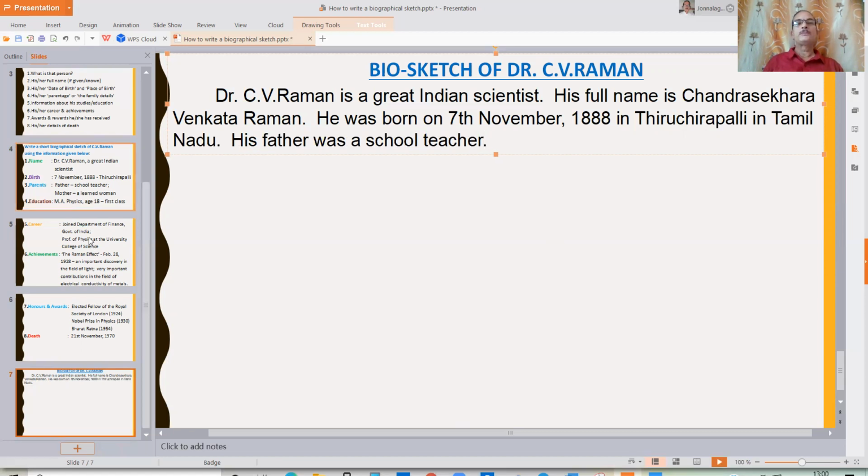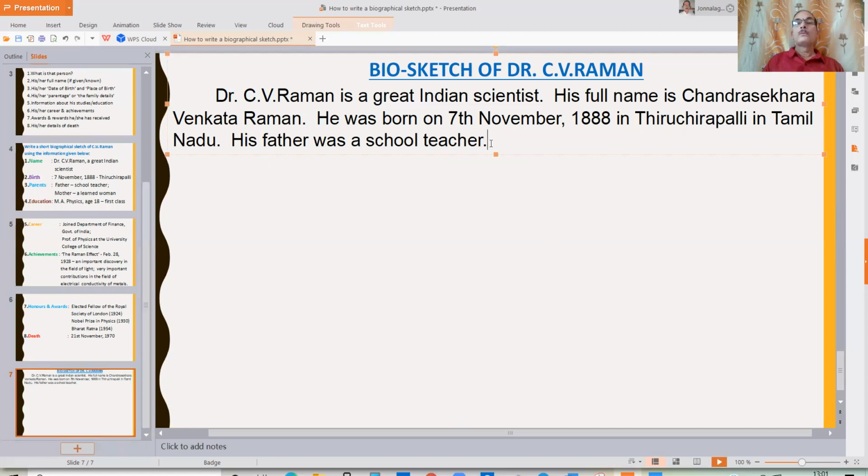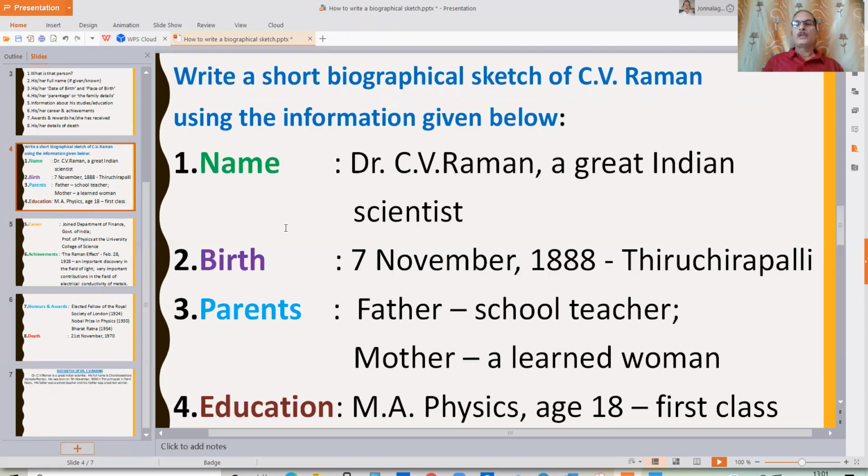What about his mother? What are the details given about his mother? Mother, a learned woman. What do you write there? Of course, you can continue: and his mother was a learned woman. Okay, we have mentioned the details of his parents.